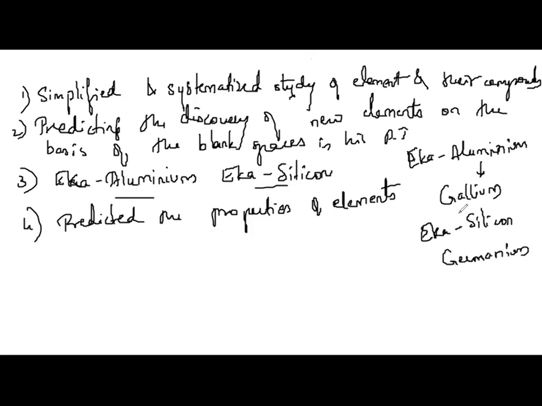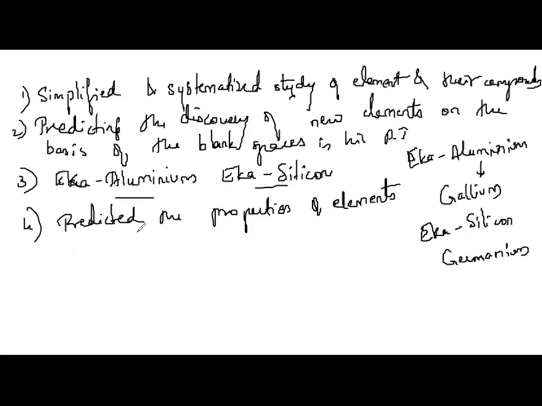Yes, they were given the names gallium and germanium, which were not discovered at the time of Mendeleev. Later on, it was found that the properties predicted by Mendeleev for Eka aluminium and Eka silicon were the same. Yes, I'll just tell you the properties also.